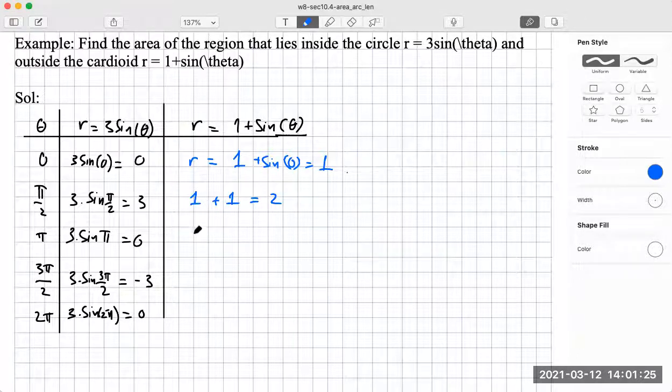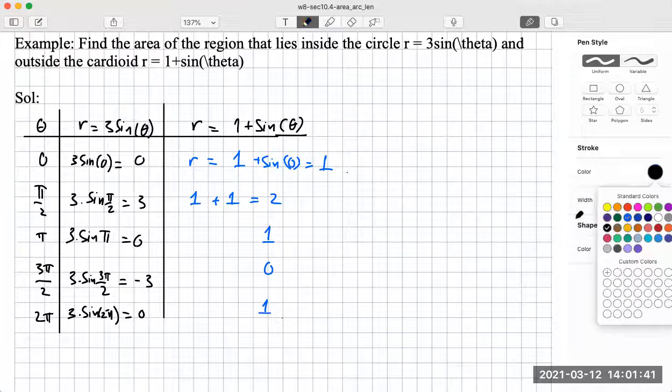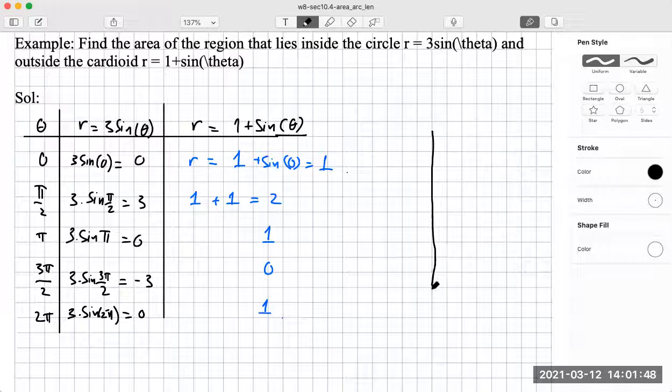And here at pi, 1. At 3 pi over 2, and at 2 pi, very good. But actually, these points are not enough to draw a good graph, but we've done these two.